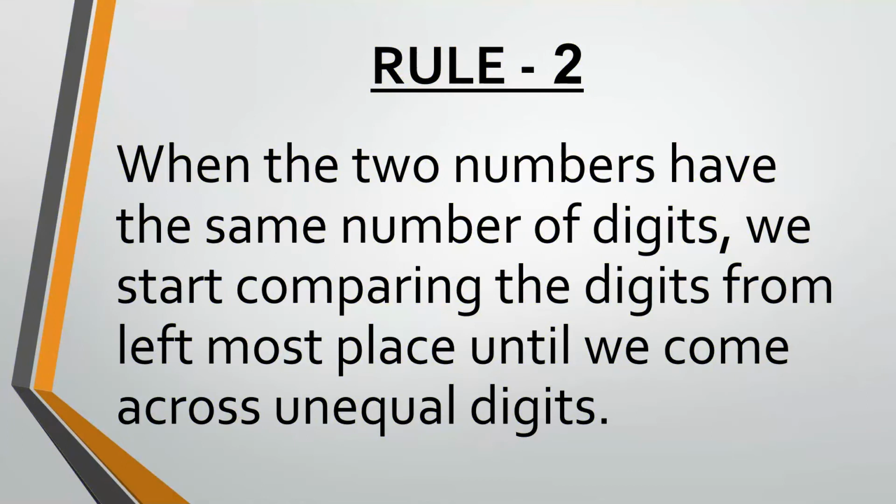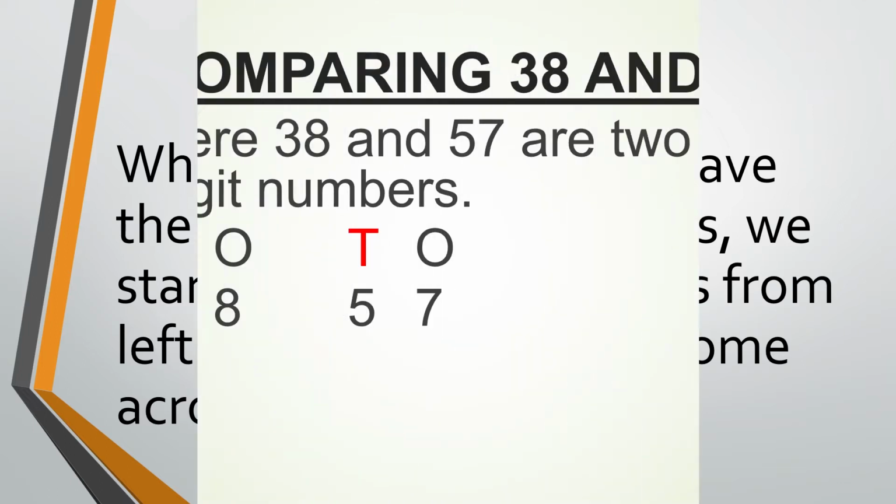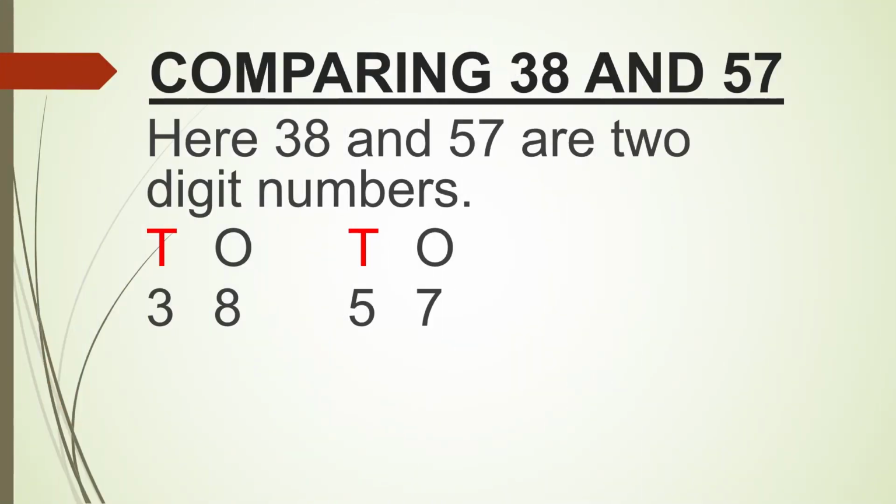Rule 2. If the given numbers have the same number of digits, we have to compare the digits from the left side place. For example, 38 and 57. Here 38 and 57 have 2 digits. So we have to compare the left side place, that is tens place.